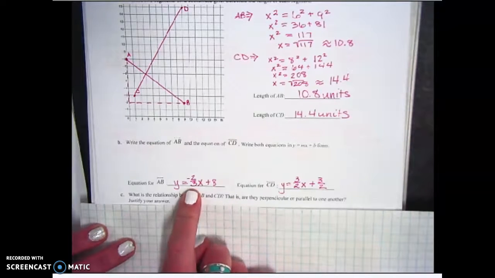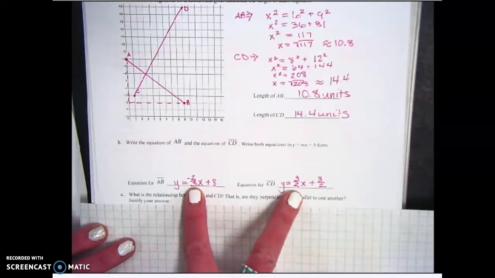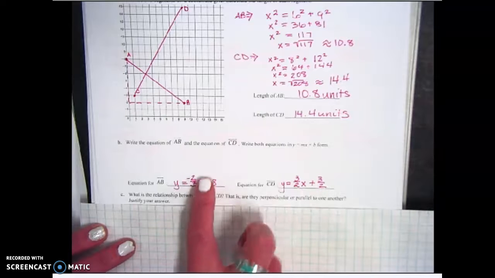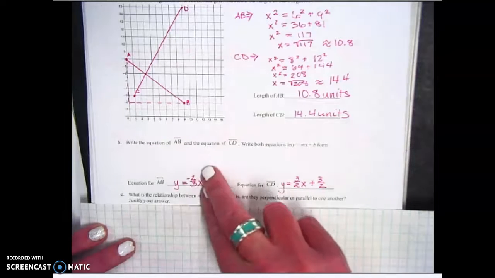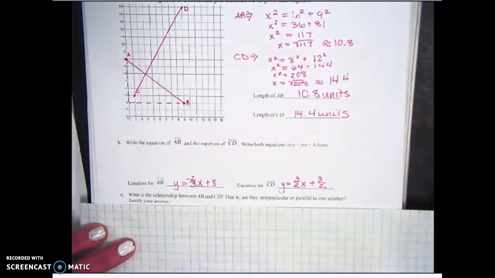So this one has a slope of negative 2/3, and this one has a slope of positive 3/2. Josh? They are reciprocals of each other because they're flipped. So 2/3, if you flip it over, becomes 3/2. But there's one other thing that they have to be besides just reciprocals. Anybody know what it is?